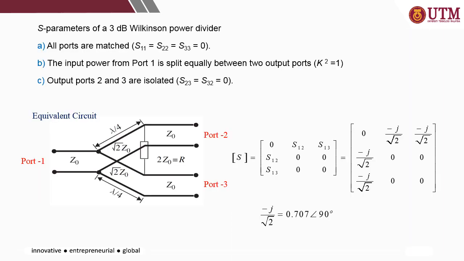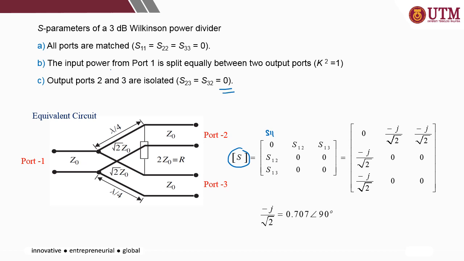Okay, in summary, as mentioned earlier, for a Wilkinson power divider, the scattering matrix based on the even and odd analysis gives that when the system is matched, S11 equals S22 equals S33 equals 0. There is also better isolation between port 2 and port 3, therefore S32 and S23 equal 0.